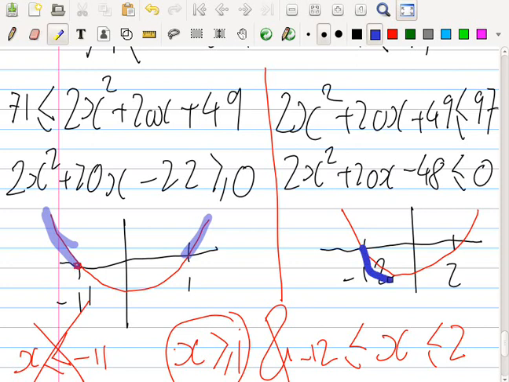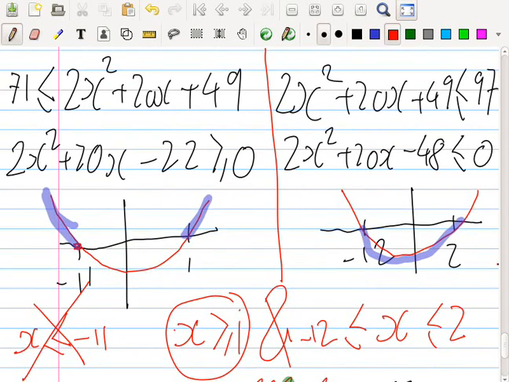That means you want the negative piece. How come x is less than? Because you want the negative piece, which means x must be between minus 12 and 2. Why do I want the negative? Because it's less than 0 here.